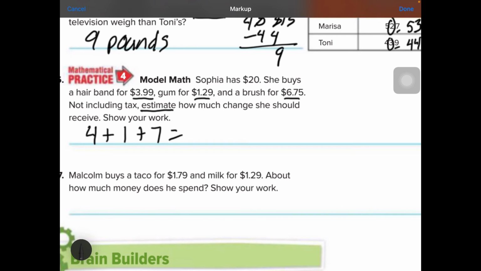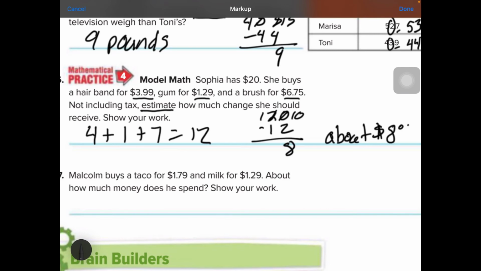So there I have 4 plus 1 plus 7, and that's going to equal $12. Then I'm going to take 20 minus 12. It's going to be 8. So she should have about $8 in change. I like to write my dollars like that.